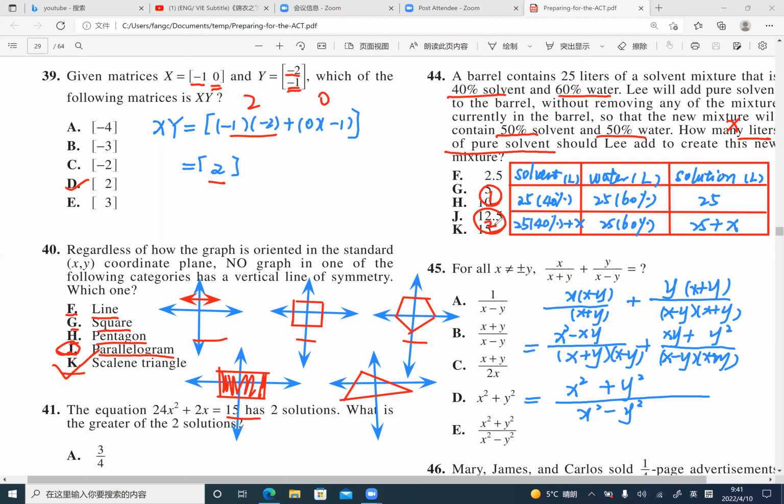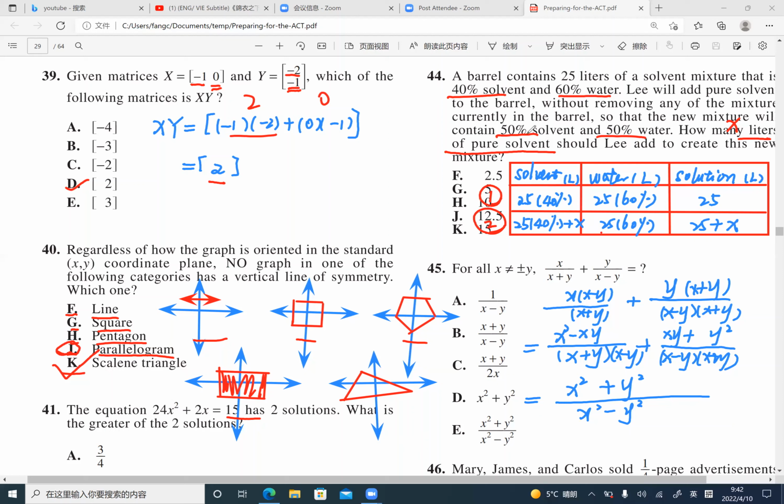The new solution: the solvent equals 25 times 40% plus X liters of pure solvent. And the water is still 25 times 60%. But the total amount of the solution this time becomes 25 plus X liters.